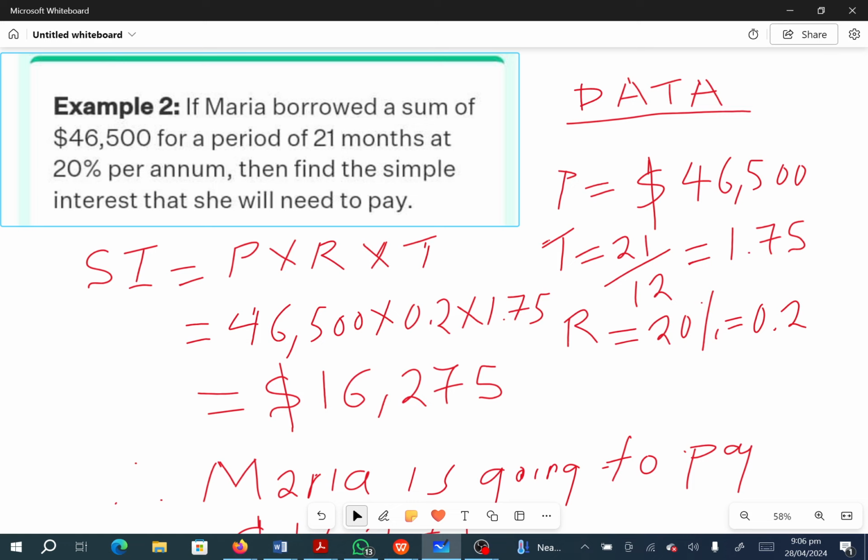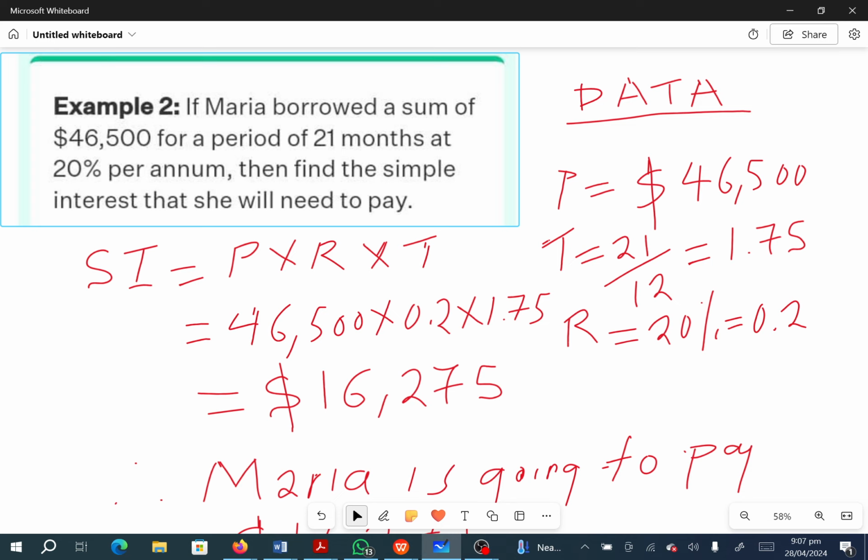When you go to the bank, you borrow; that money they give you is the principal amount. Then the bank calculates interest on top of the money Maria has borrowed. The bank has told Maria it will take a period of 21 months for her to pay back, and the interest per annum will be accumulated at 20%.